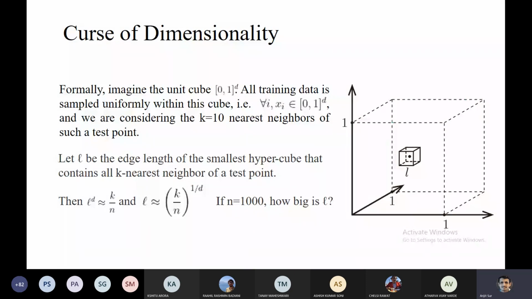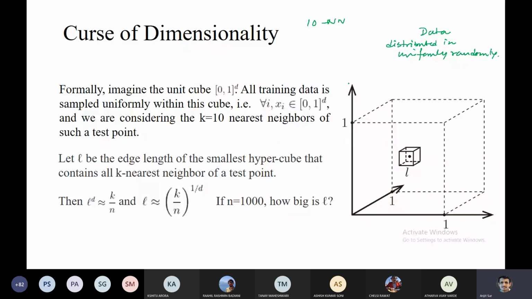This is our data space, where all training data is sampled uniformly at random within this cube. And we are considering k equal to 10, the 10 nearest neighbors of such a test point.